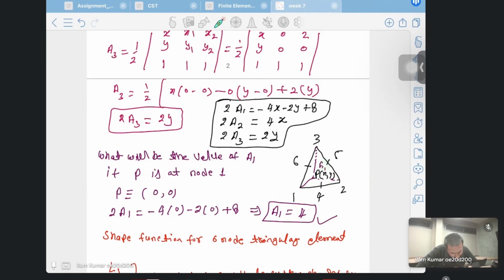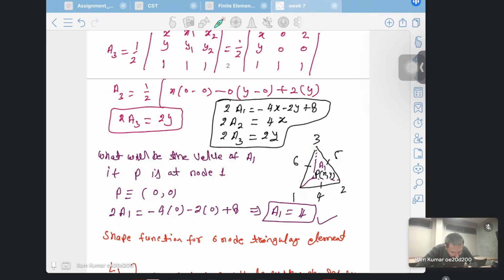For example, I'm saying this point P is at node 1. It means that P is shifted to node 1, so it has coordinates equal to the origin. So if P is at node 1, then P will have coordinate values 0, 0.